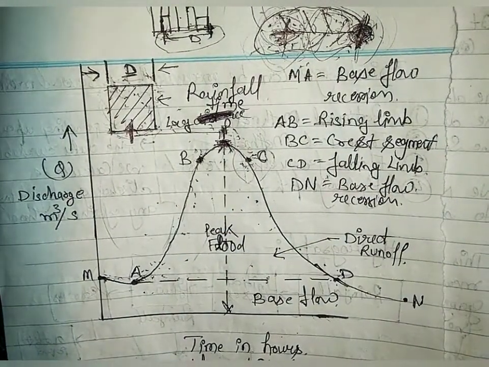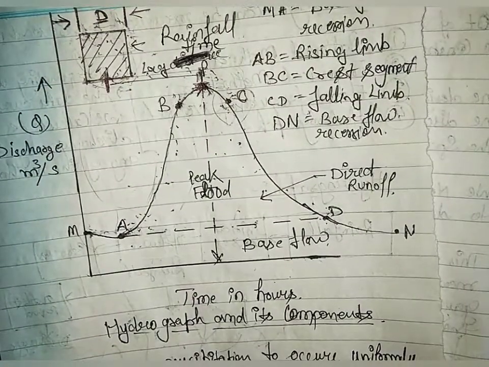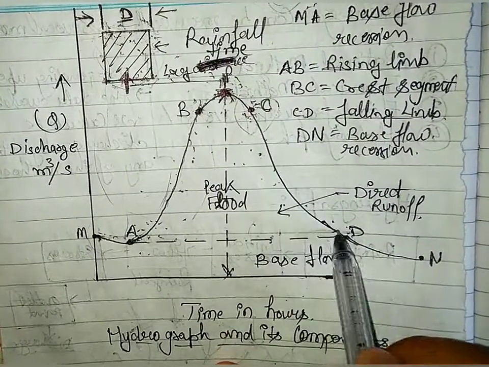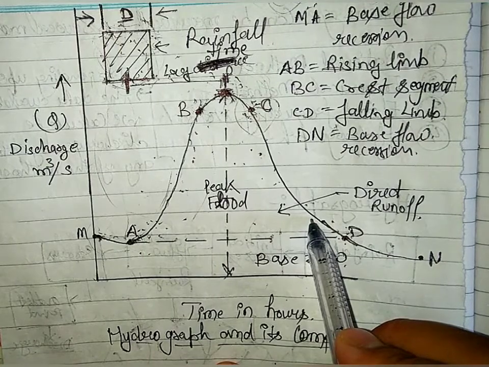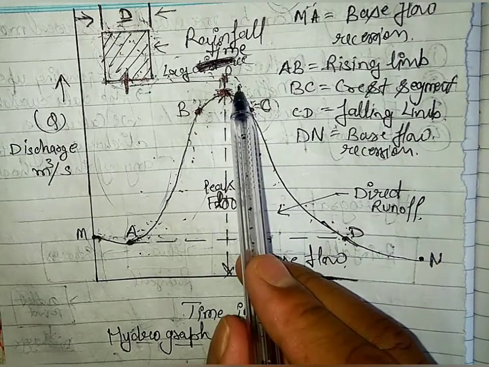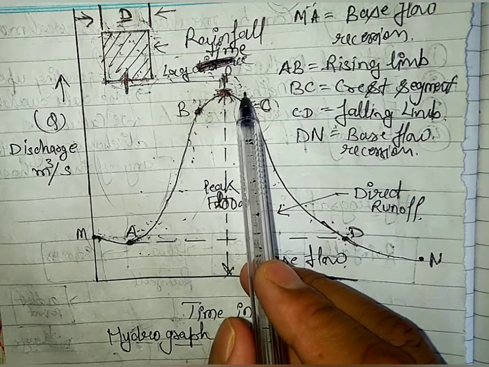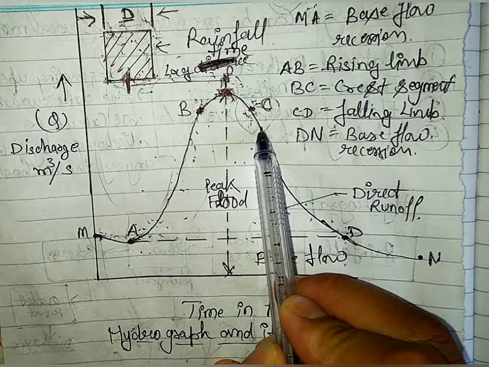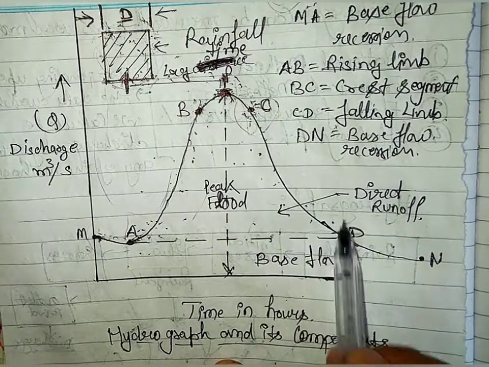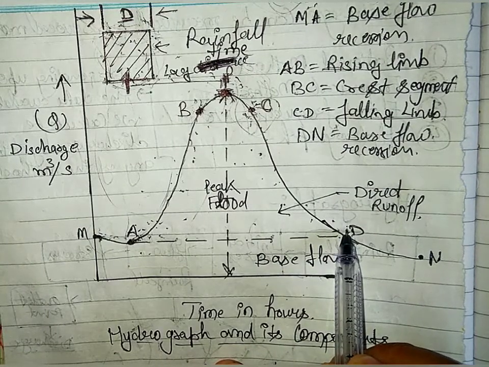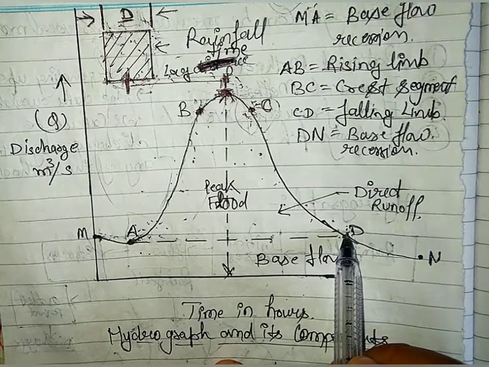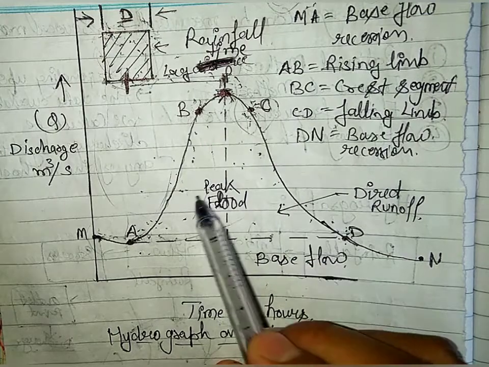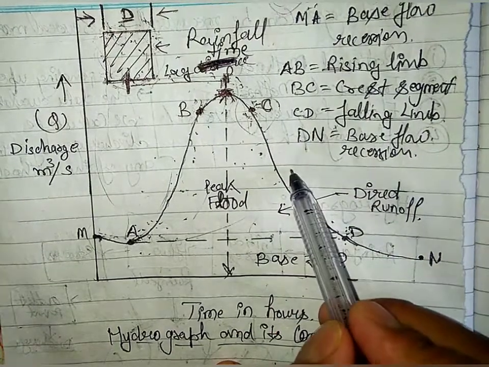Now moving forward, we have the third part of this hydrograph, that is the falling limb, represented by CD. This recession limb extends from the point of inflection at the end of the crest segment to the commencement of natural groundwater flow, that is D. It represents the withdrawal of the water from the storage built up in the basin during the earlier phases of the hydrograph.